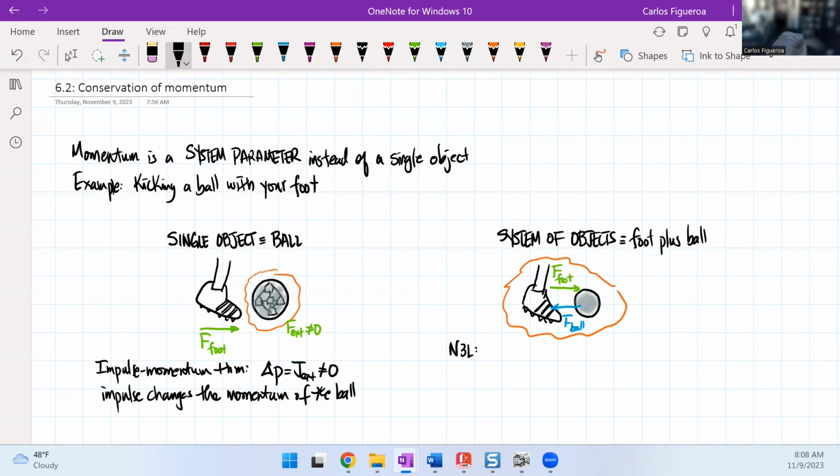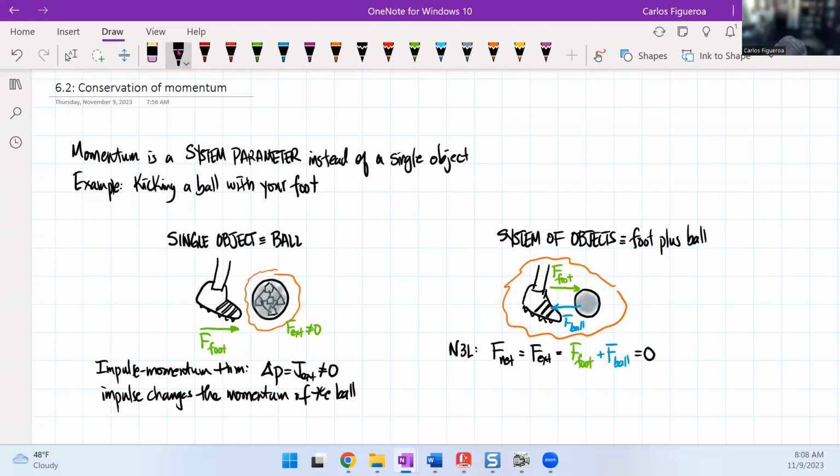And so what we then say is that if this is the whole thing, then the net force, which is the external force, in my system is the force of the foot plus the force of the ball, by Newton's third law, they're equal and opposite, and that is 0.